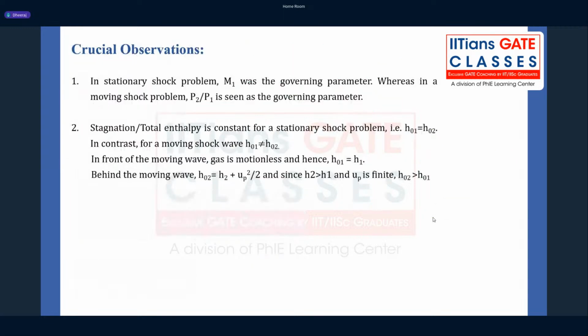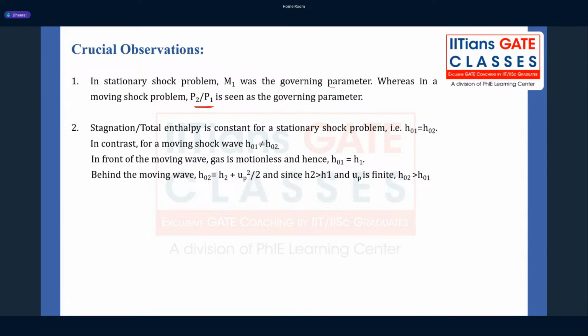The crucial observation that can be made is that in a stationary shock problem, M1 was the governing parameter, whereas in the moving shock problem, P2 by P1 dictates the temperature ratios, the pressure ratios, and whatever flow parameters are there, right?